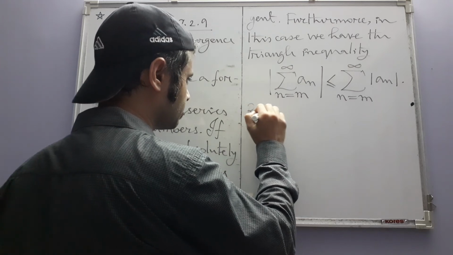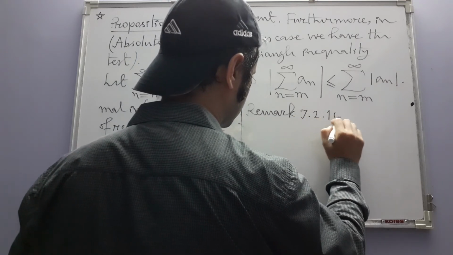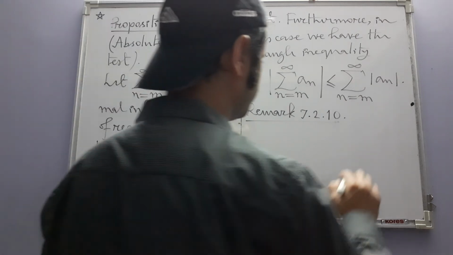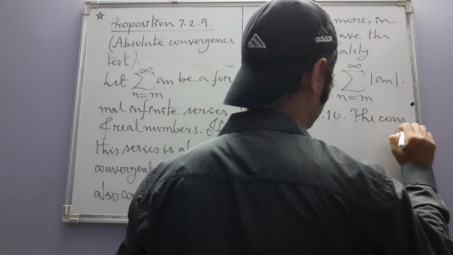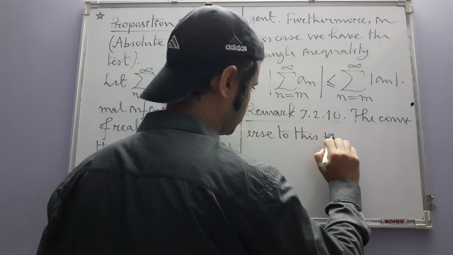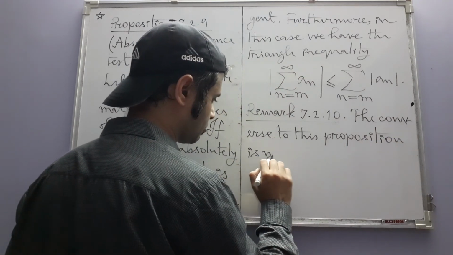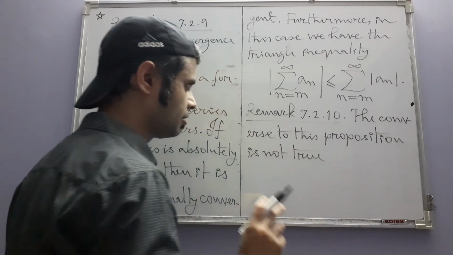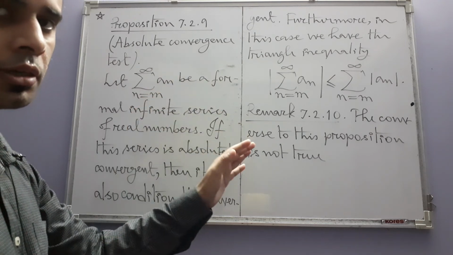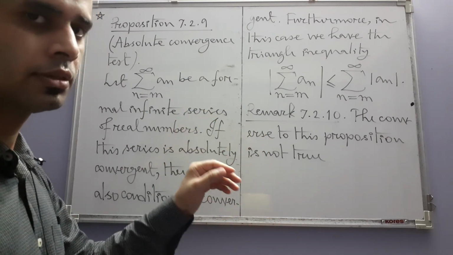Instead, let us end our video with this next remark. The converse to this proposition is not true. The proposition says that every absolutely convergent series is conditionally convergent, but there exist conditionally convergent series which are not absolutely convergent, and that is why the definition of absolute convergence is worthwhile.